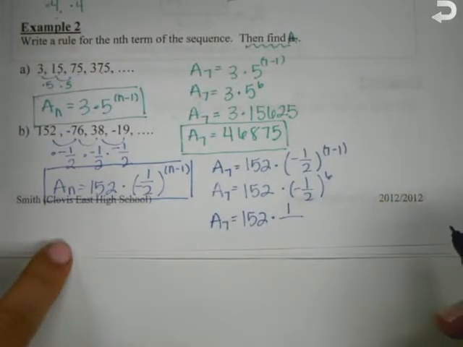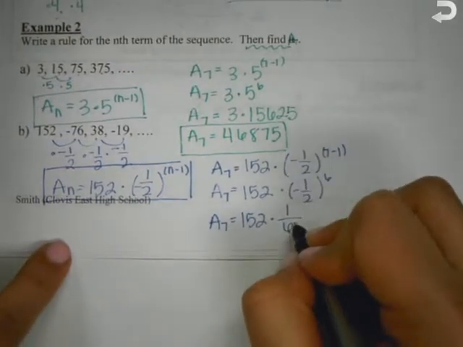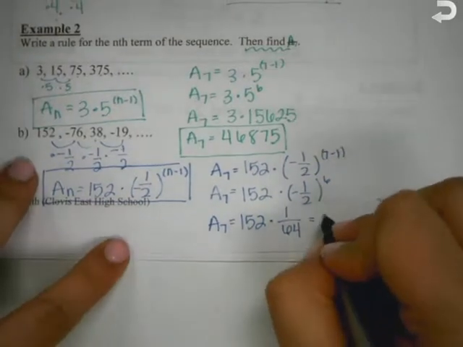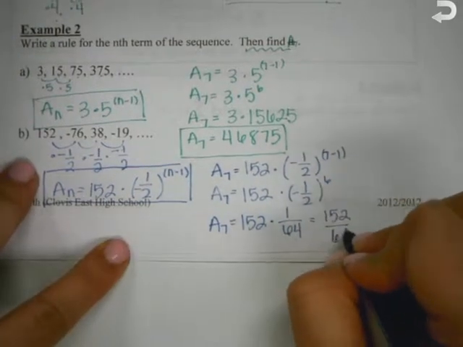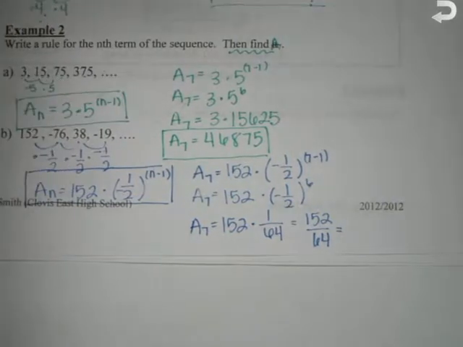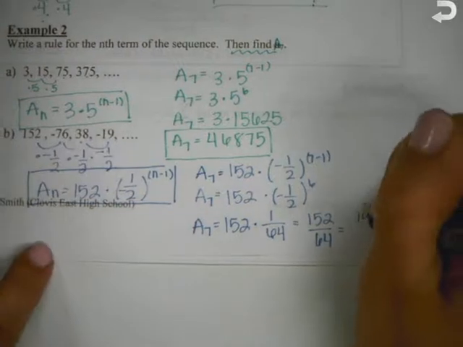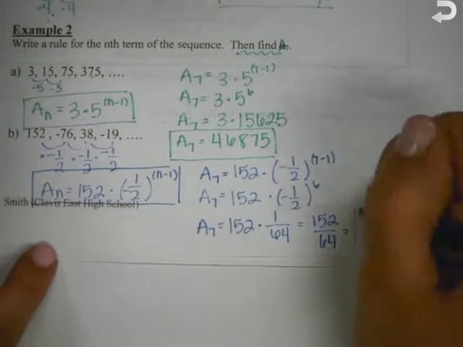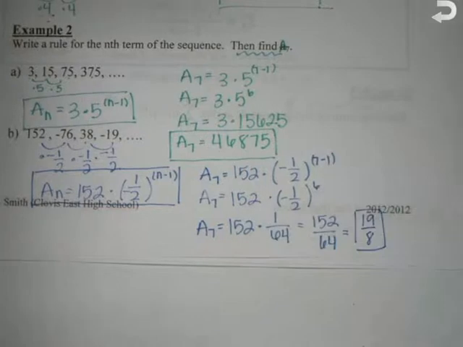Okay, so that's going to be 152 over 64, but that reduces. And it all reduces eventually down to 19 over 8, or 2 point something. Okay? So you can leave it as a fraction.